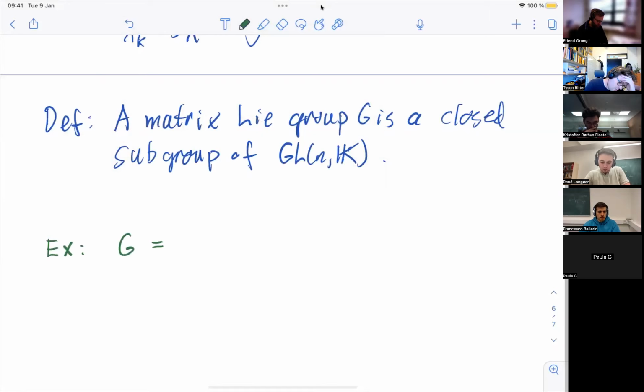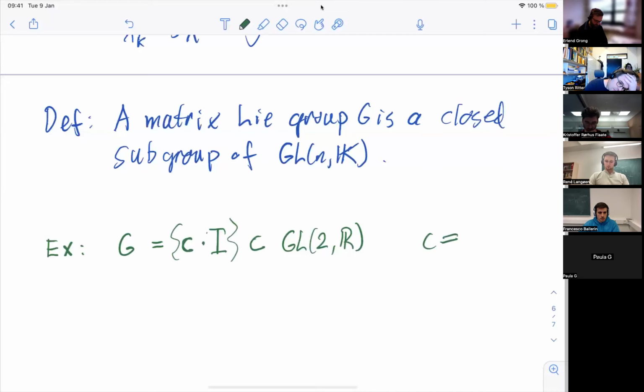G equal to a constant times the identity matrix inside of GL, let's say GL_2(R), where c is a non-zero constant.